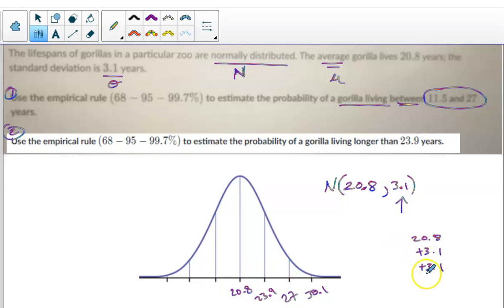Going backwards, take 20.8 and take away 1 standard deviation. Take away 1 standard deviation, do it again, and do it again. And that's how you get these 3 values. So 17.7, 14.6, 11.5.